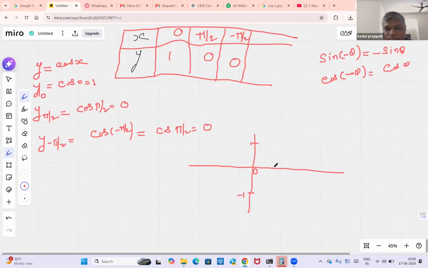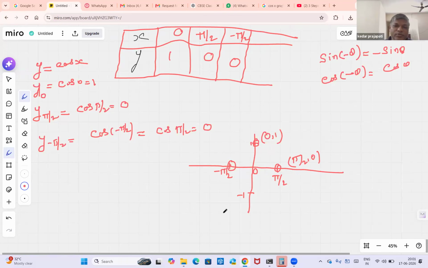The first point is (0, 1). The second one is (pi by 2, 0), so x is pi by 2 and y is 0. Now at minus pi by 2, we also have 0.